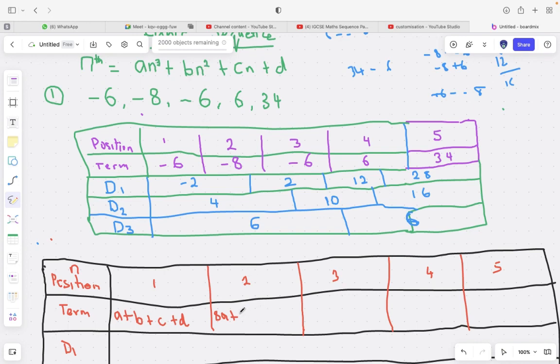So plus 4b. Then n is 2, 2 times c, plus 2c. Then plus d.